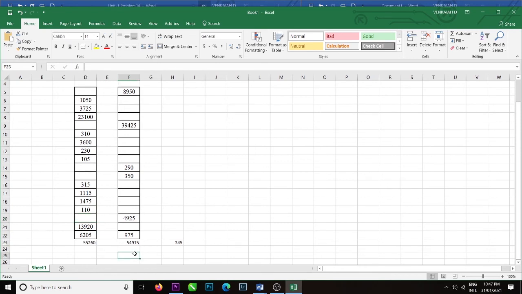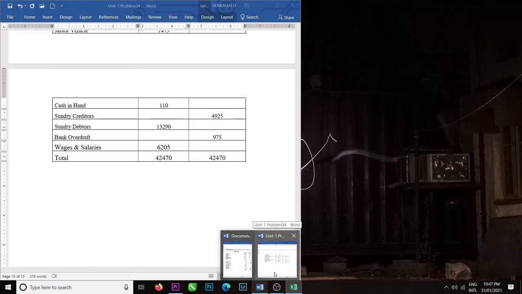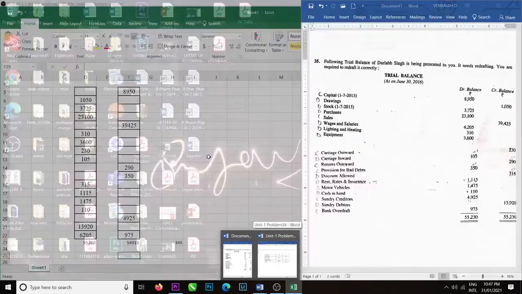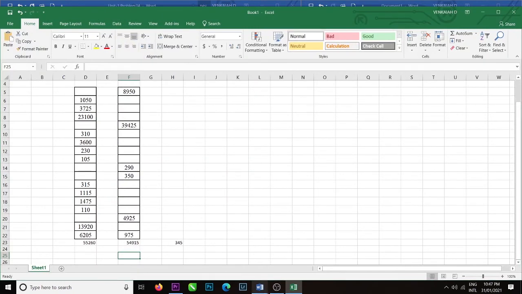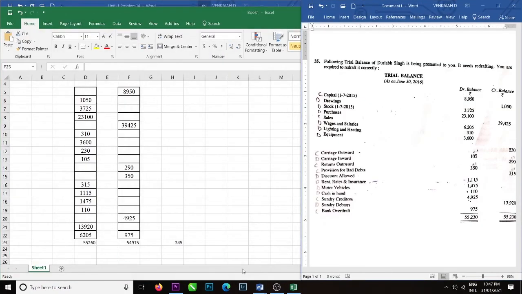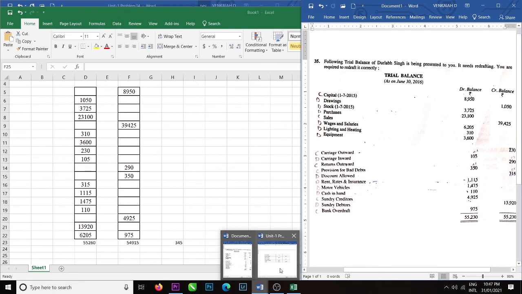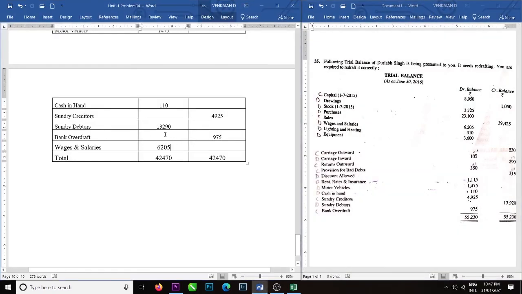Right. The amount is 920. Wrongly posted. It's not 290, it is 920. Okay.